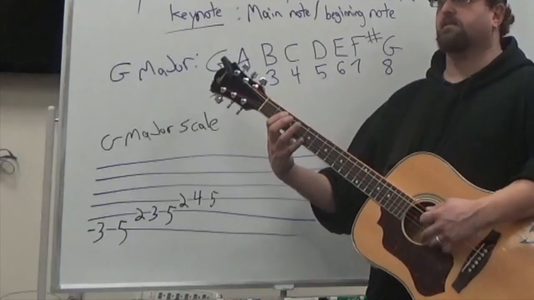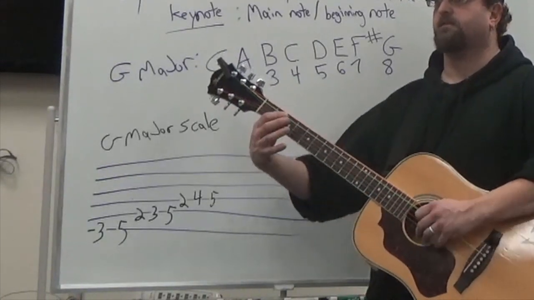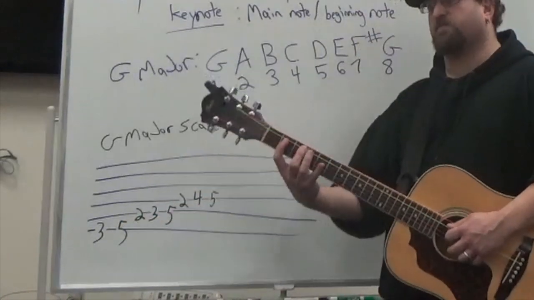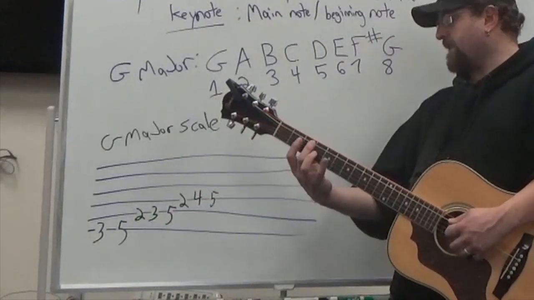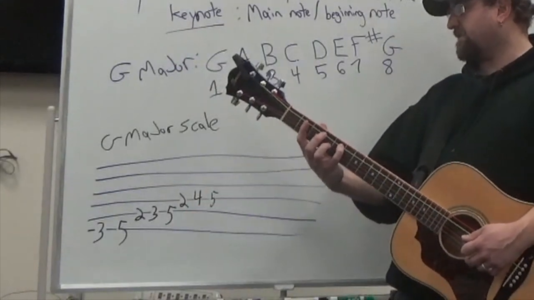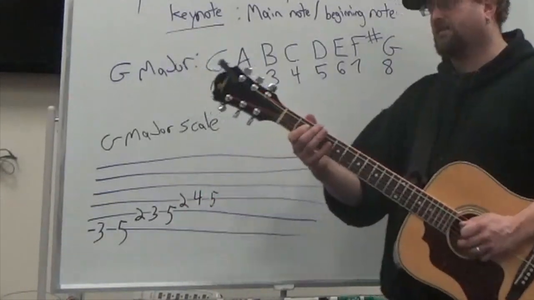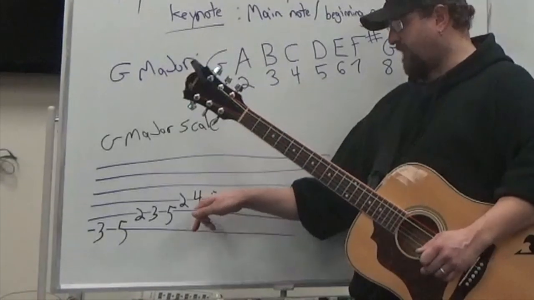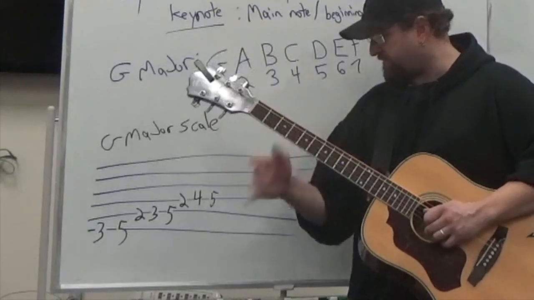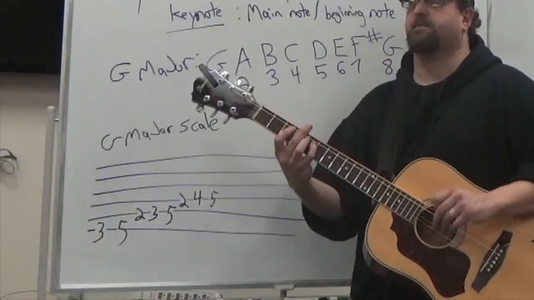Middle, pinky, and then first finger. And then 3, just like here, it's going to use the 2nd finger, the middle finger again. And then pinky again. And then first finger. And then our ring finger for 4th. And then the 5th fret will be the pinky again.